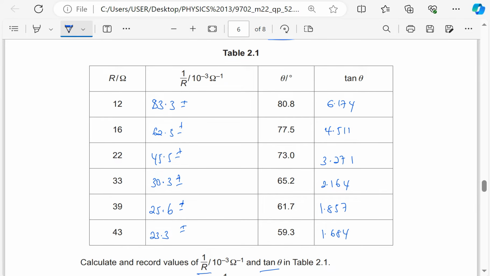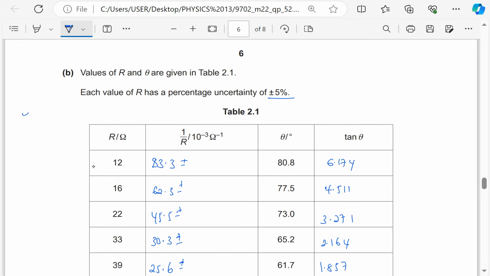For those who don't recall, I want to remind you: if you have a quantity y equal to 1 over r, what is the uncertainty in 1 over r? Let me show you. If I want the absolute uncertainty in 1 over r, this is the same as r to the power 0 divided by r.